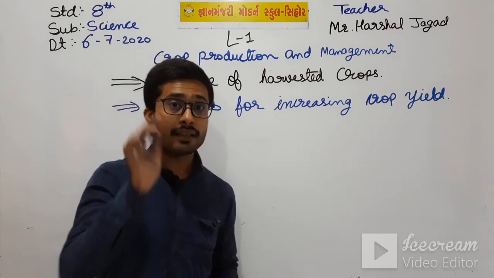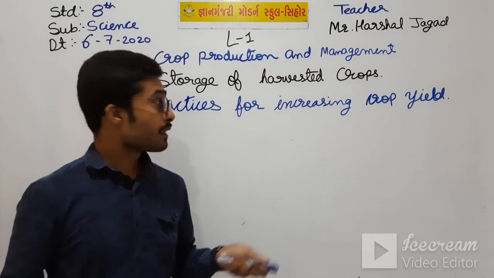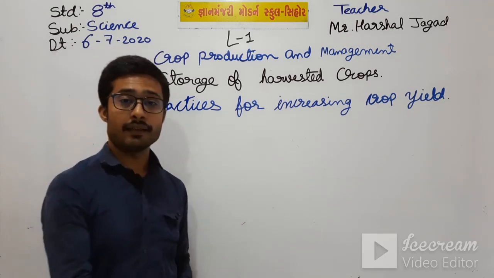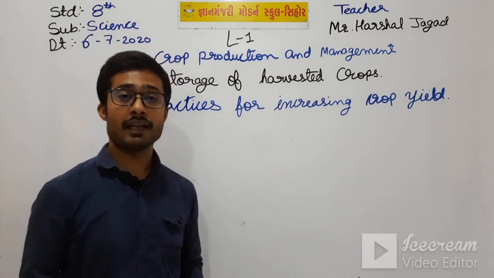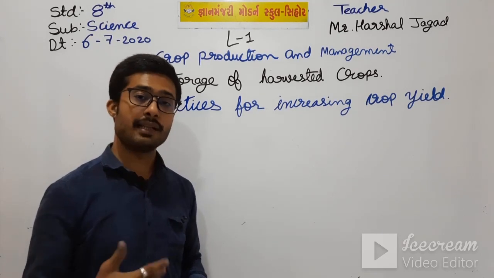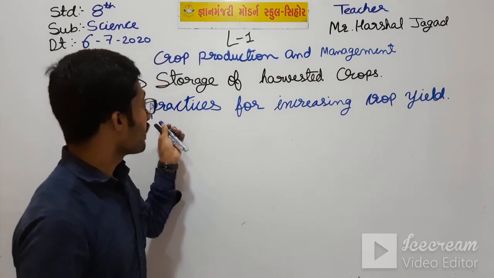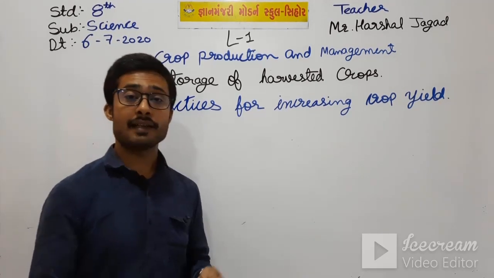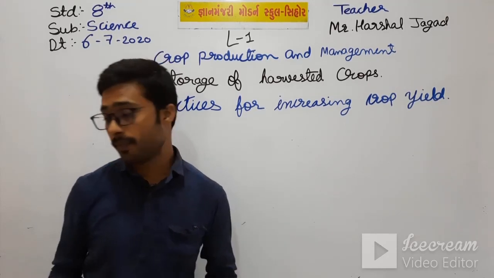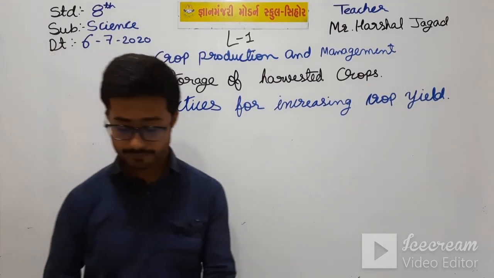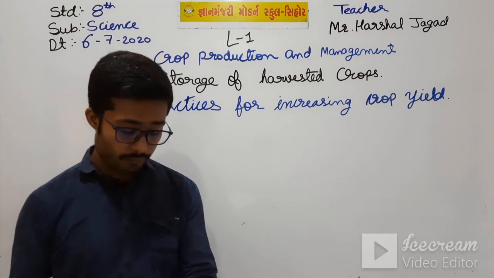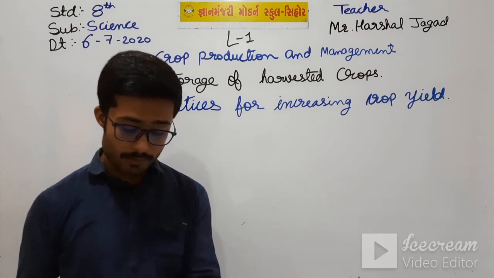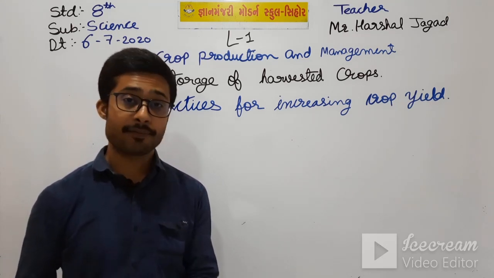So I will only read the textual points of it. There is no need to explain in my own words, because I will only read those points. You will get how the practice is done for the increase of the production of the crop. So let me read that. The yield of crop can be increased if we carry out the agriculture process in a stepwise manner.